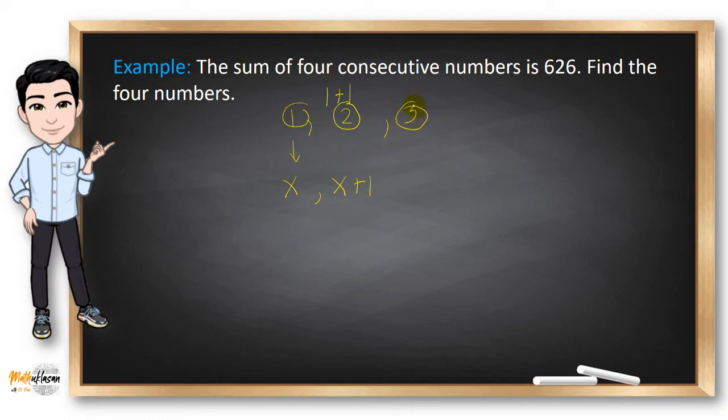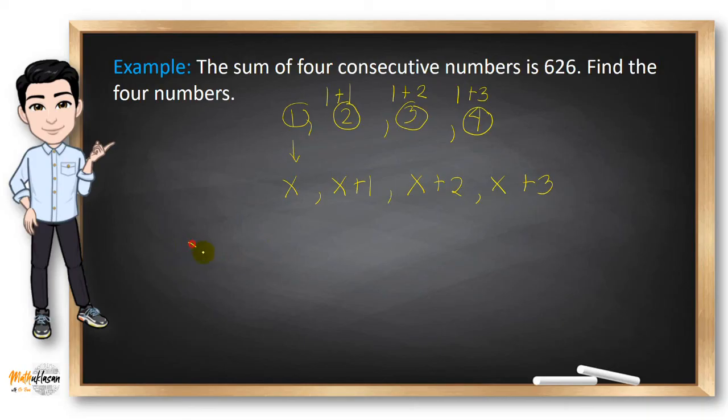And to get 3, I need to add 2. So the next one is x plus 2. If I add, let's say, 4 here, I need to add 3 to 1 for me to get 4. So if x is equal to 1, this is x plus 3. So the 4 consecutive numbers are x, x plus 1, x plus 2, and x plus 3.